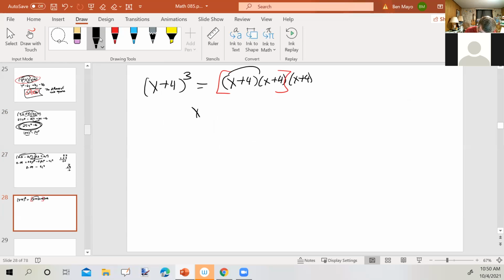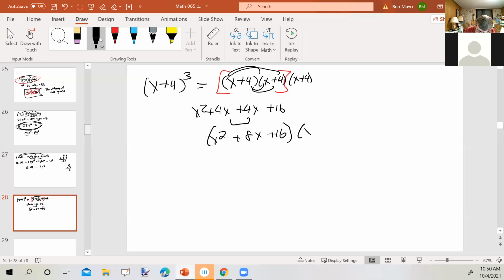And that's going to give me x squared plus 4x plus 4x plus 16, combining like terms, x squared plus 8x plus 16. But now I've got to take all of that times the remaining x plus 4 factor.